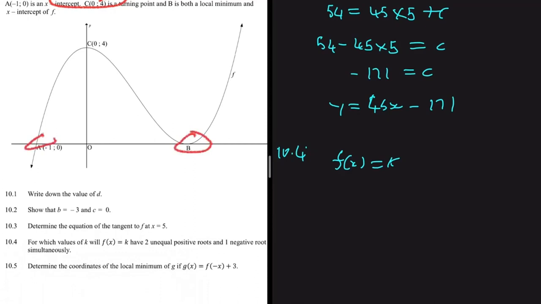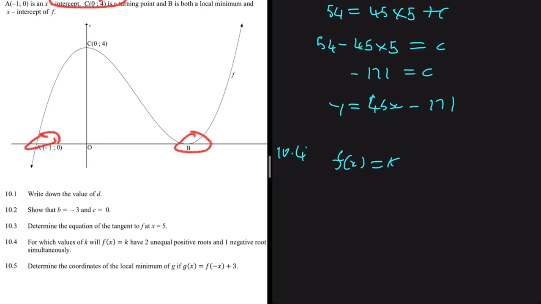Basically, when we're speaking about a root, we're just speaking about the x-intercept, right? We have 1 negative root and 1 positive root, right? But then how can we shift our graph such that we can get 2 unequal positive and 1 negative root, right? So let me show you what you can do.